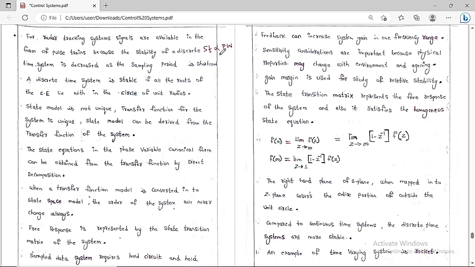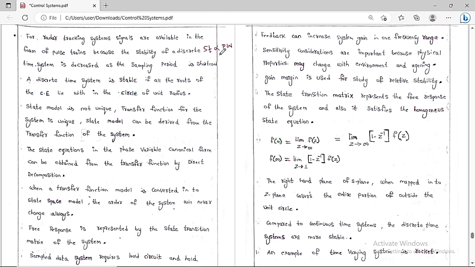The transfer function for a given system is unique, whereas the state model for a given system is not unique. All these concepts I have already told you.